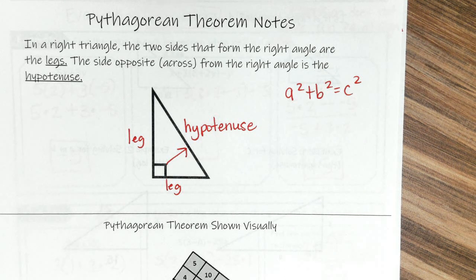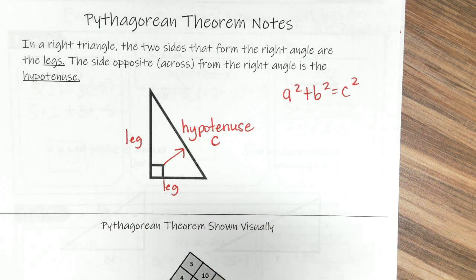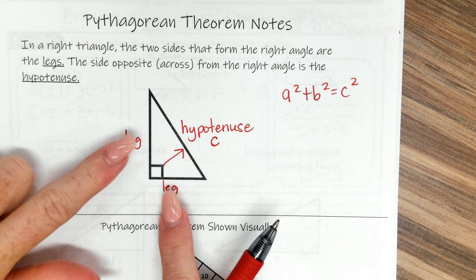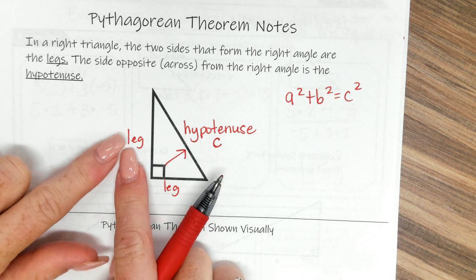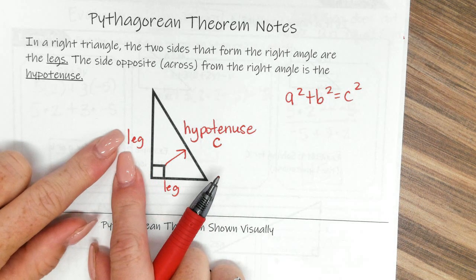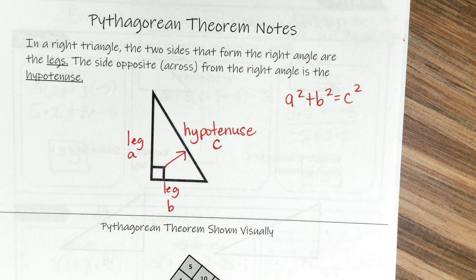What Mr. Pythagoras said is the hypotenuse is always going to be side C. You cannot change it. The hypotenuse has to be what? Side C, and then these two are your A and your B, and it does not matter which one is which. So if I do this as A and you do this as B, it does not matter. The only thing that matters is that the hypotenuse has to be side C for his formula.